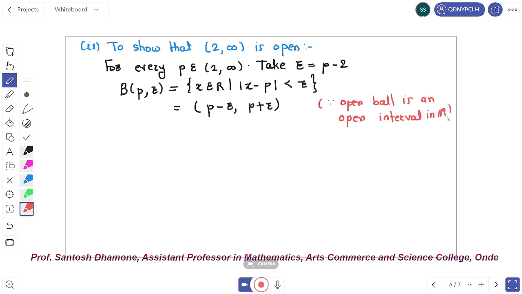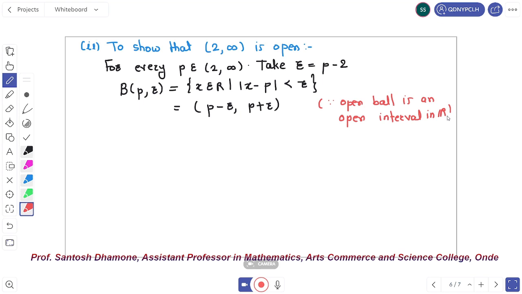But we have to show that F is closed. That is, we have to show that the complement of F is open.